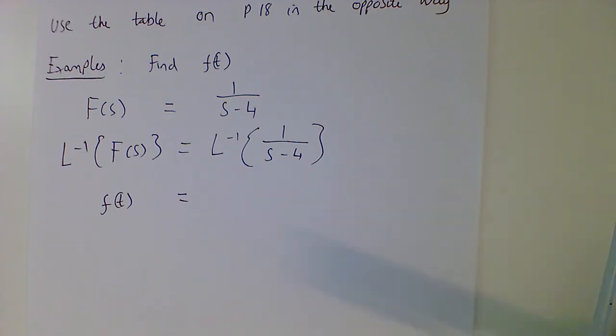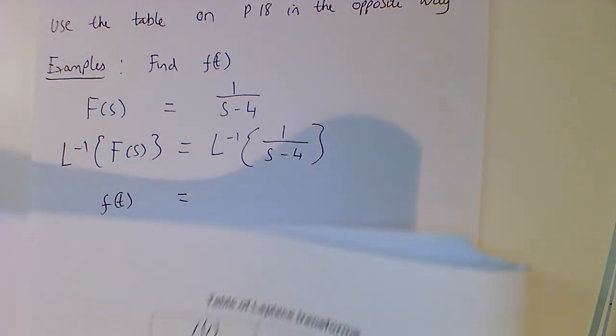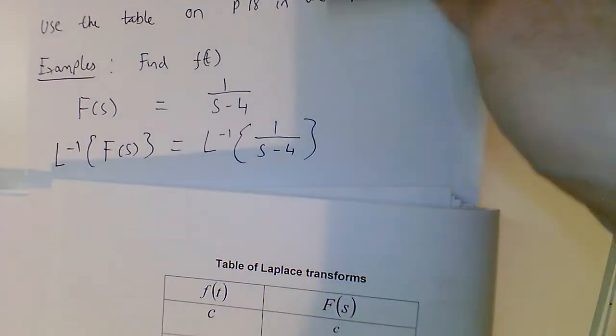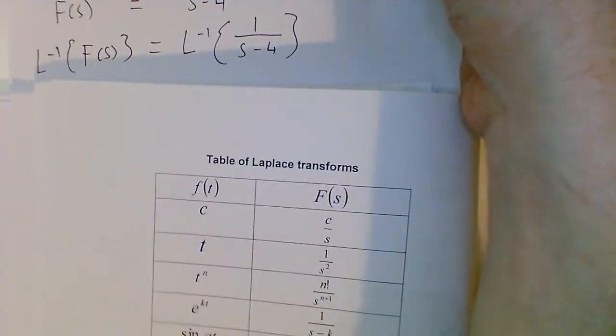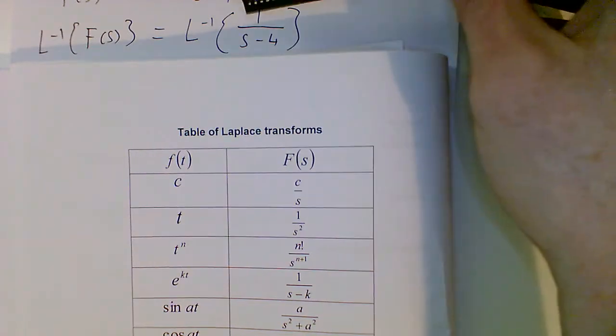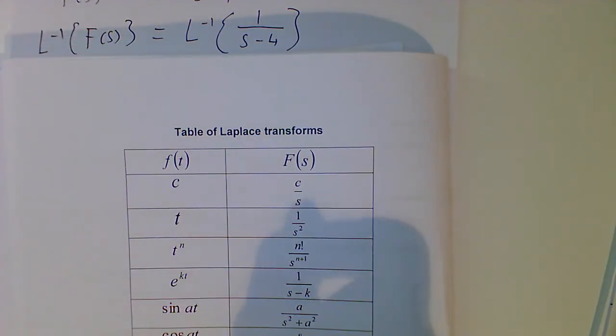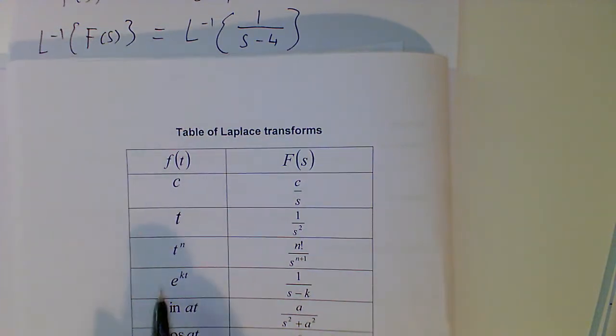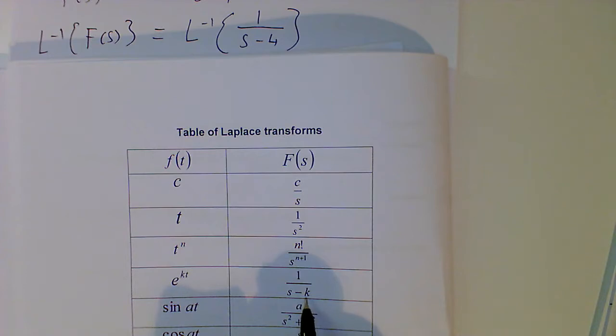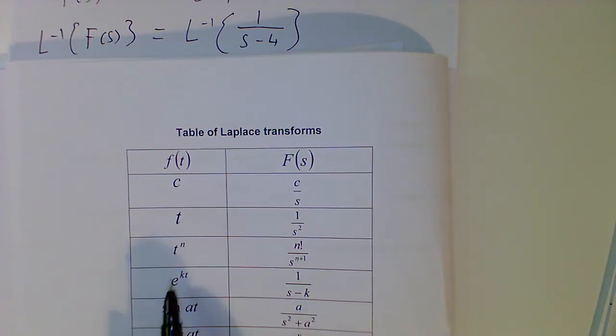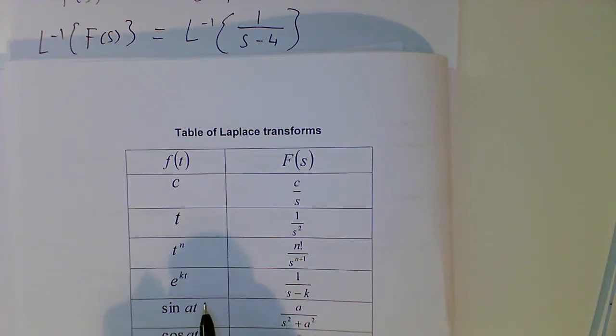So I'm going to get my table out. I've got 1 over s take away 4. Which one of these things in the Laplace transform book looks like 1 over s take away something or 1 over s plus something? This one here, 1 over s take away k, where k just becomes the coefficient in front of the t.